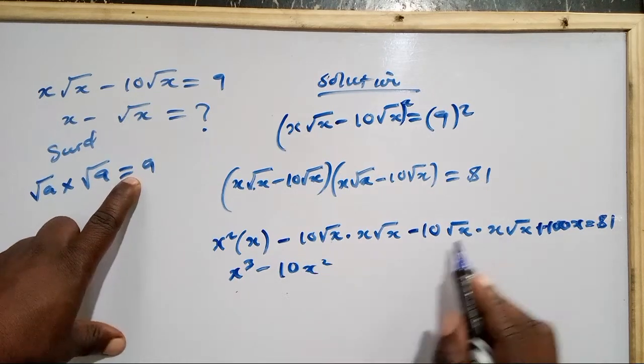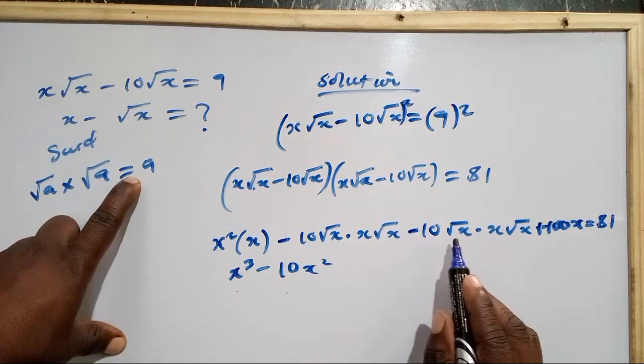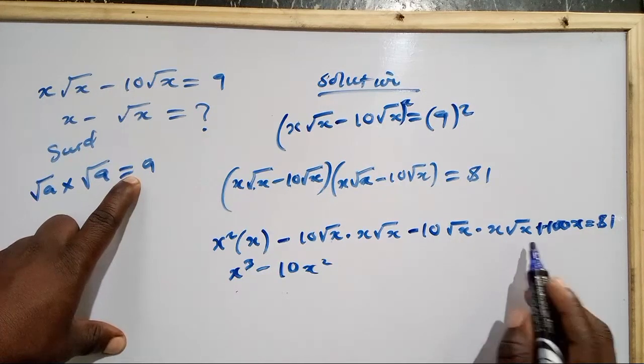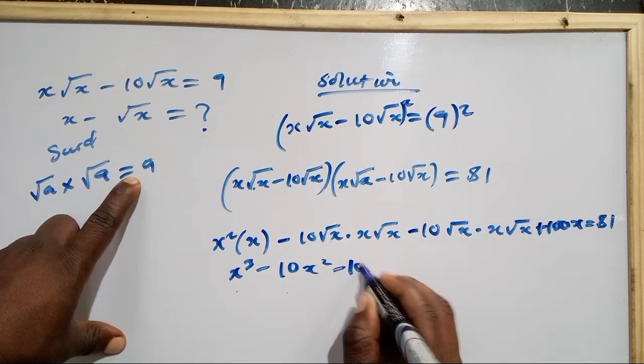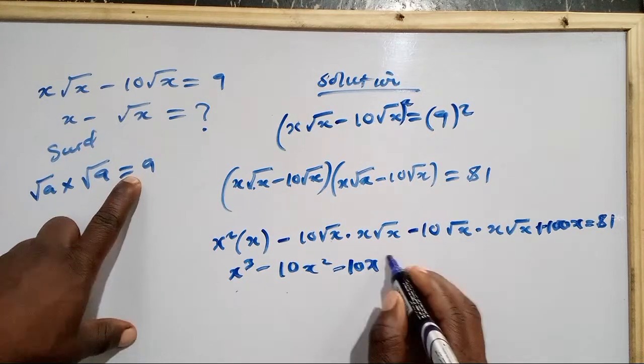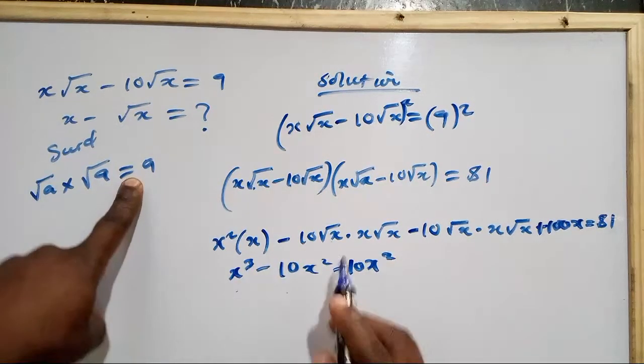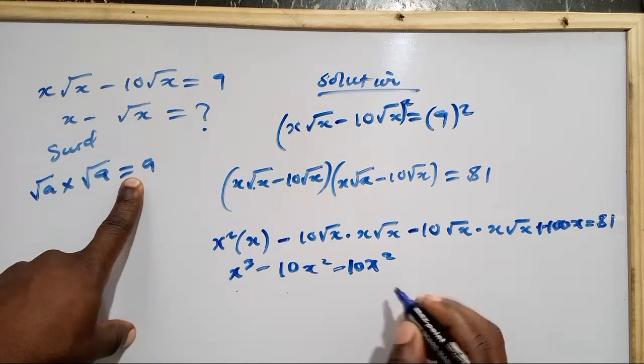Even here is the same thing: minus 10 root x multiplied by x root x, you're going to have minus 10 x squared, right?